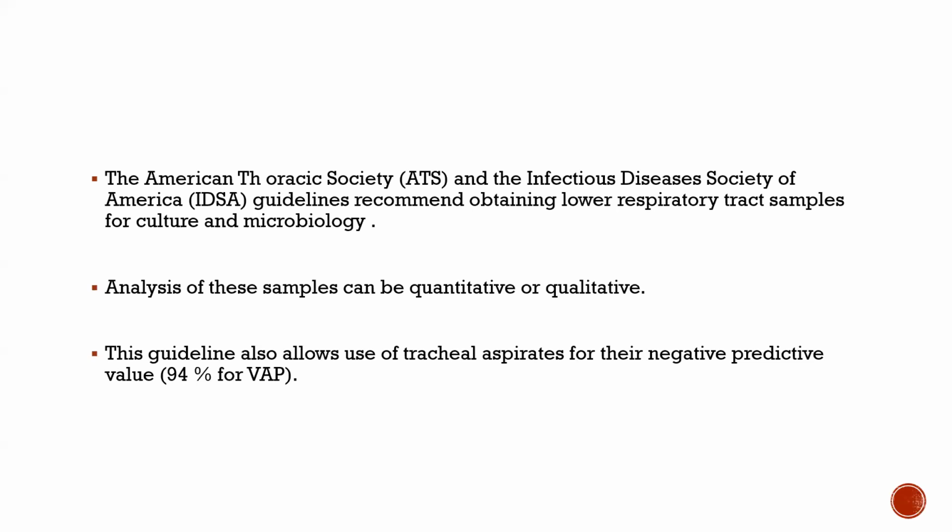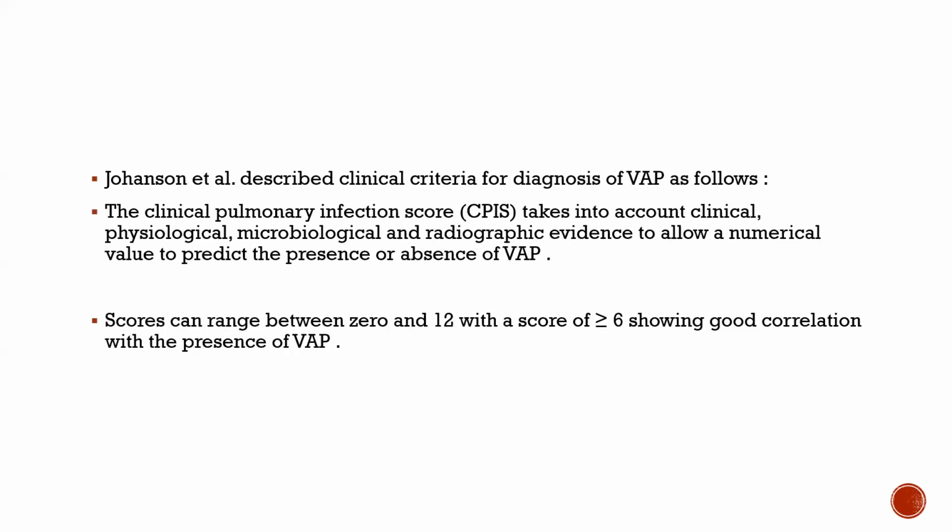American Thoracic Society and Infectious Diseases Society of America guidelines recommend obtaining a lower respiratory tract sample for culture and microbiology. Analysis of this sample can be quantitative and qualitative. The guideline also allows use of tracheal aspirate for its negative predictive value. Johnson et al. describe clinical criteria for diagnosis of VAP as follows.